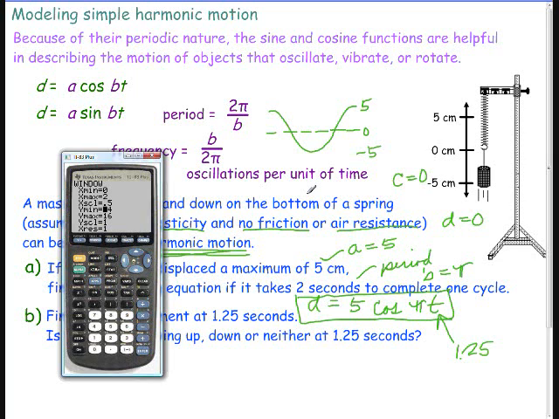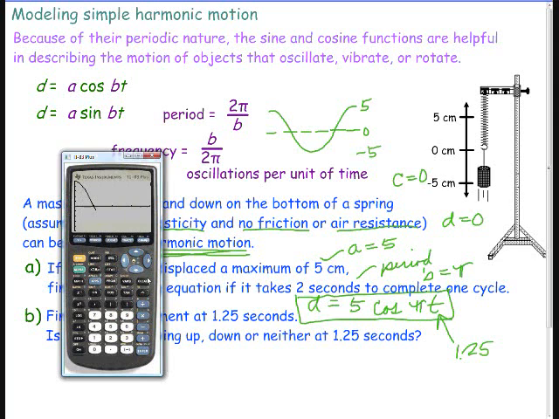For our displacement, we're going to be going from -5 to +5, and we'll leave the scaling factor at 1. Let's put our new equation in here. It's 5 cosine of pi. I'm going to use x, of course, but we know it stands for t.